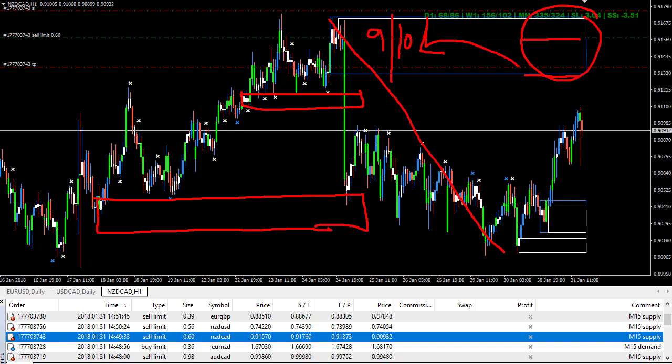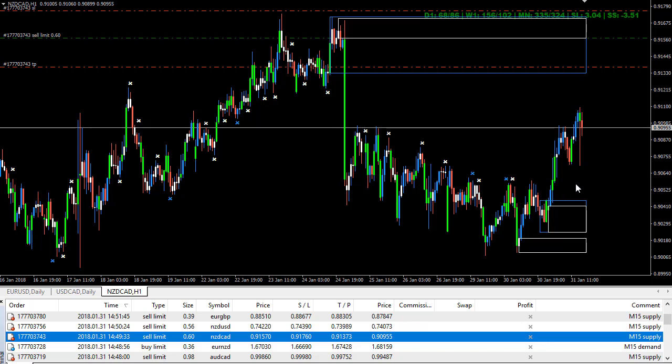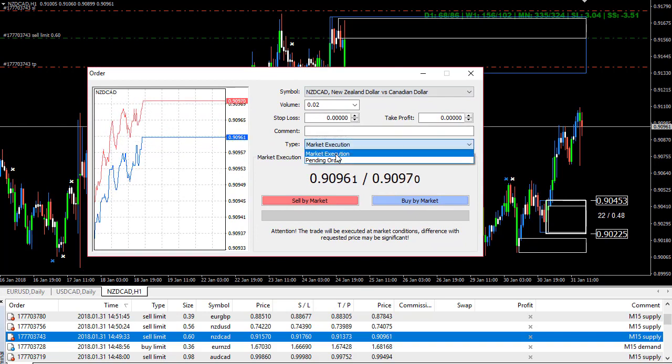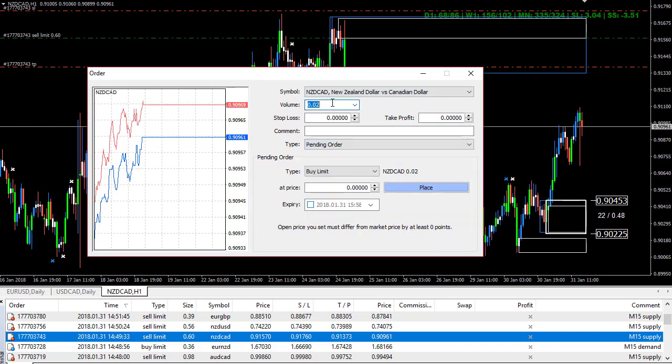So we're going to take this one because we want to get a sample size. I'm going to draw the rectangle like this and put this trade on. This is the demo account. We've got about a $10,000 pending order, just half a lot. It's 22 pips.